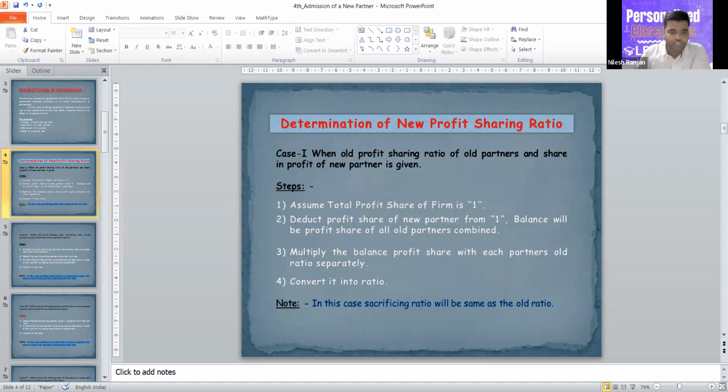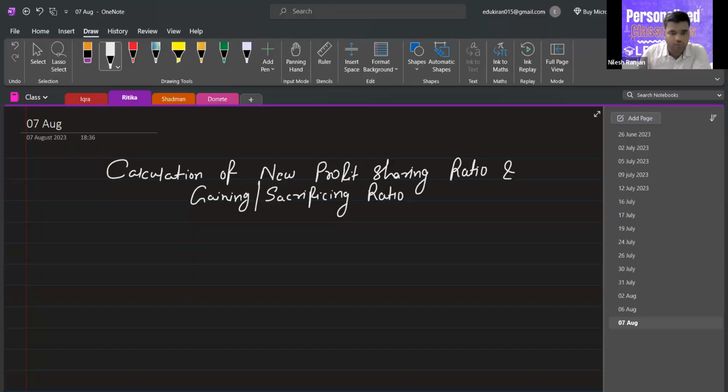The situation is when the old profit sharing ratio of all the existing partners and the new profit share of the new partner is given in the question. So there are different cases. This is the first case. There are many cases like this, created on the basis of information given in the question.